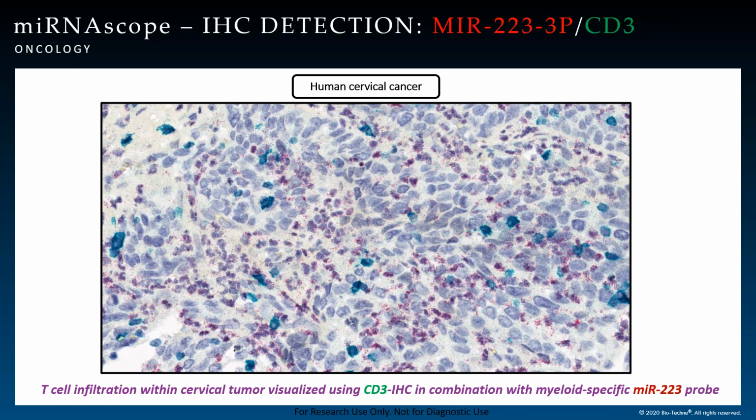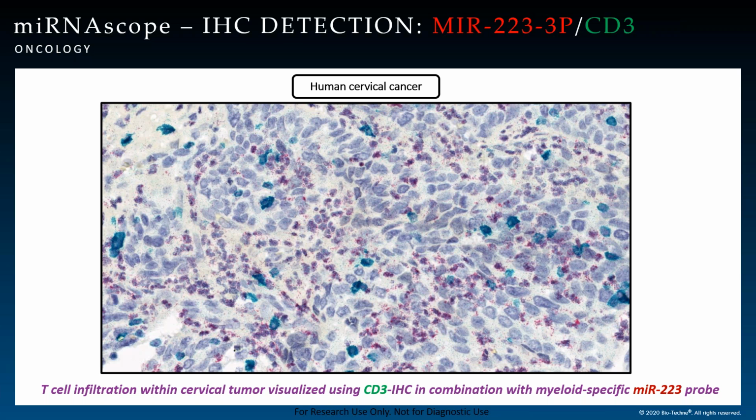Next, another key application is miRNAscope assay in combination with IHC detection. So as mentioned previously, this miRNAscope assay is fully compatible with immunohistochemistry. And this is in an effort to allow researchers to identify specific cell types in tissues of interest, or even to measure the levels of a particular microRNA target.